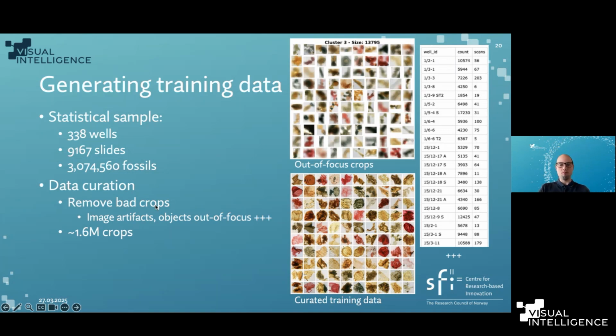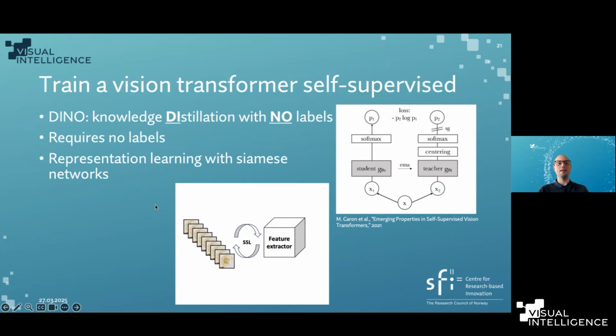Yeah. And then we use this to train a vision transformer self-supervised. We use this DINO framework, knowledge distillation with no labels. This is a very popular method for representation learning, presented in 2021. In this framework, you create different views of the same image, and then you have two Siamese networks that learn from each other to create the same representation of all the views.